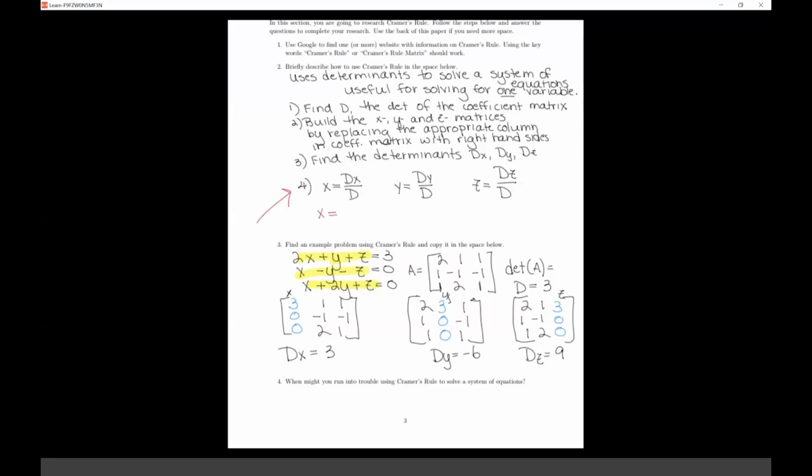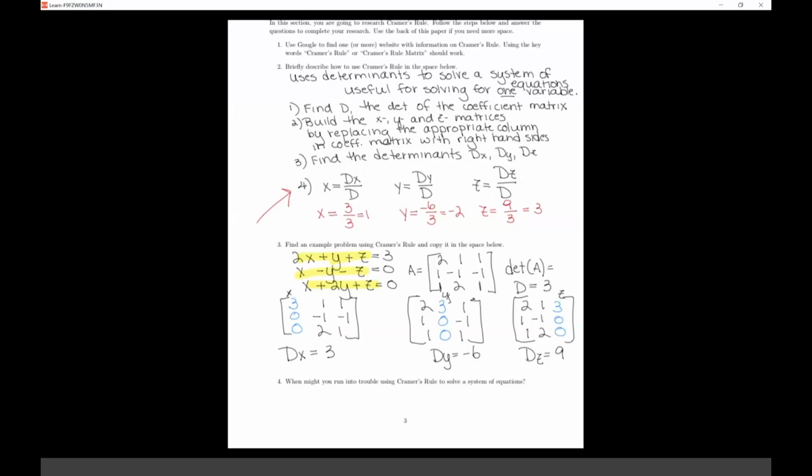So X is going to be the determinant from the X matrix, which is 3, over the determinant of the coefficient matrix, which is right here, which is 3. Y is the determinant from the Y matrix over the determinant of the coefficient matrix. And Z is the determinant of the Z matrix over the determinant of the coefficient matrix. So you can see X is going to be 1, Y is going to be -2, and Z is going to be 3.